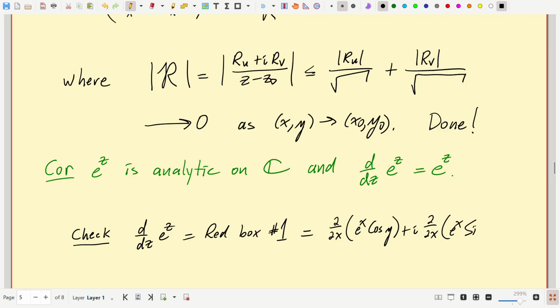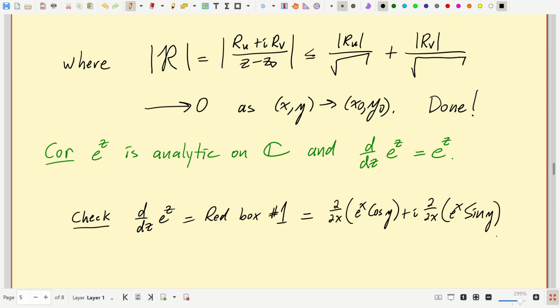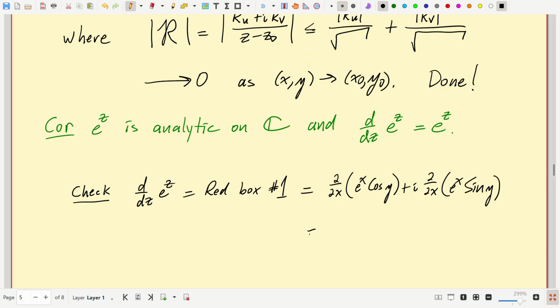Of course, derivative of e to the x is itself. So sure enough, that's the complex exponential. Check. I could have used red box number 2 and get the same thing.